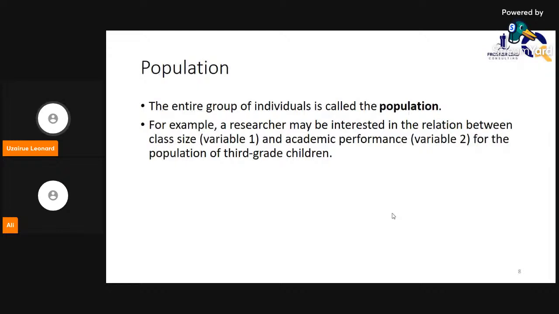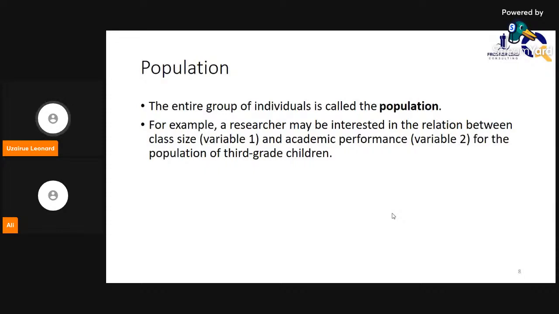In a hospital, all the patients that visit that hospital make up the population of patients in that hospital. All the doctors, nurses, medical lab scientists, and pharmacists make up all the employees in that particular hospital or organization, as the case may be.